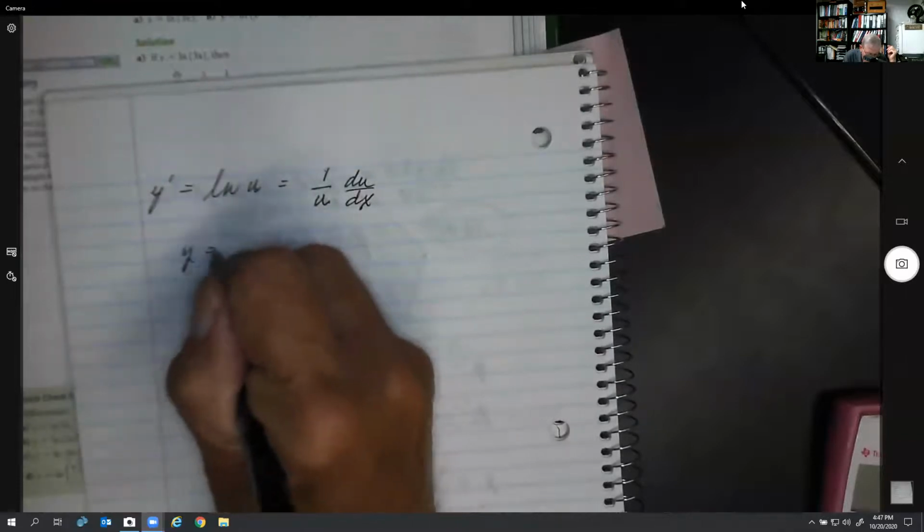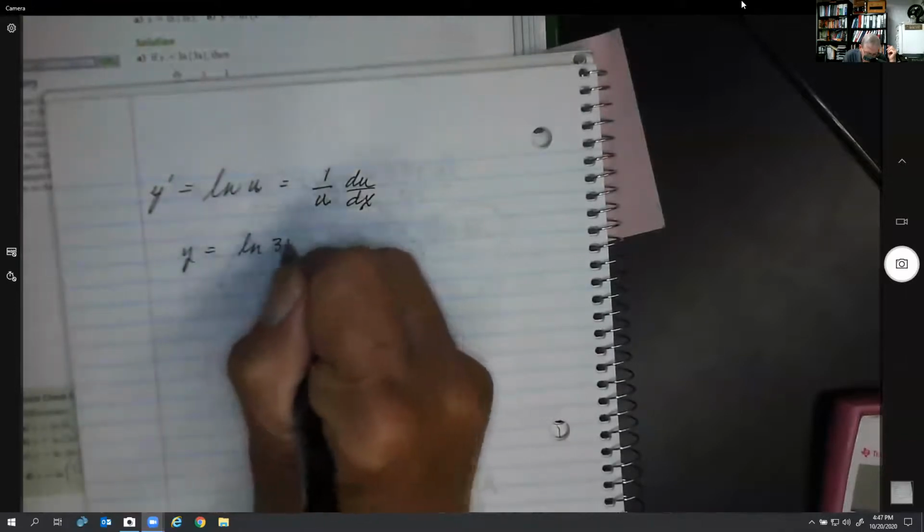So let's try a simple one. This is on the top of page 331. y equals ln 3x.